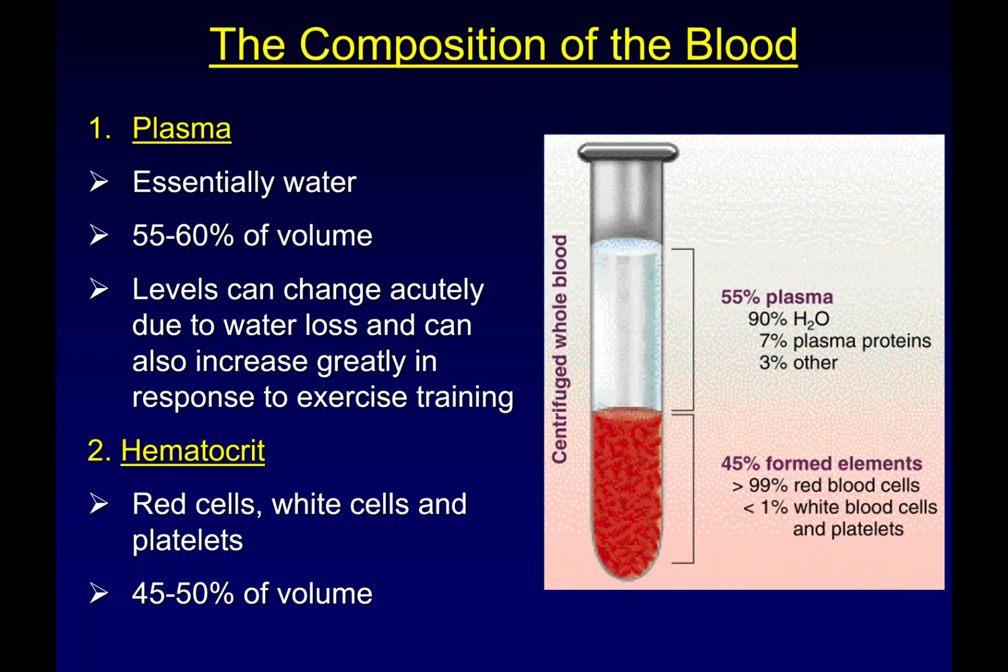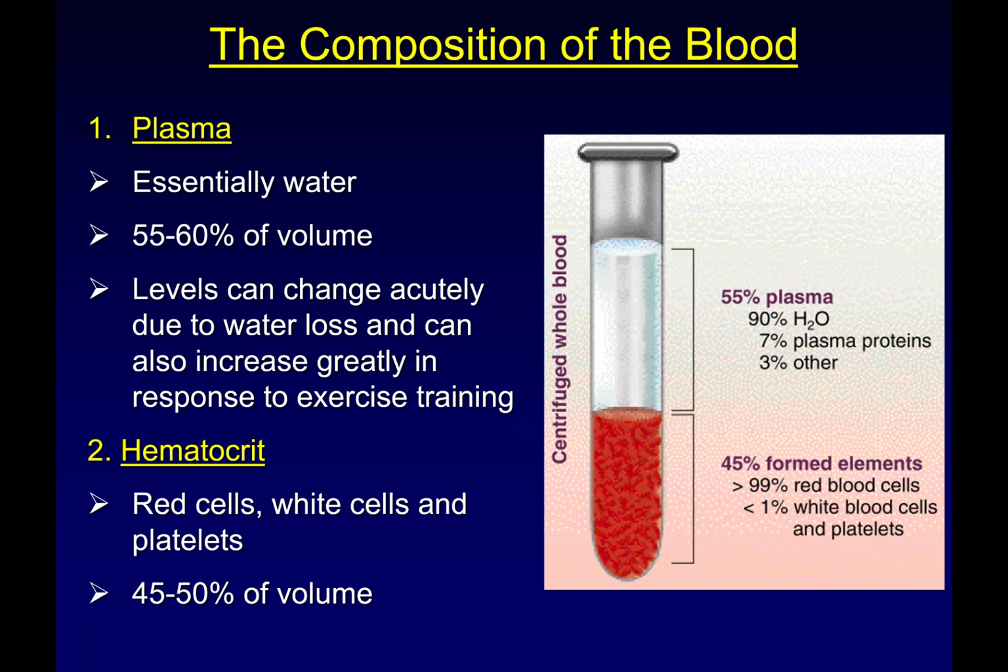There's a little bit of other stuff. It's not just pure distilled water, but it's basically water. In most of you, water in your blood, or plasma, accounts for somewhere between 55 and 65% of your total blood volume. The majority of your blood is just water.